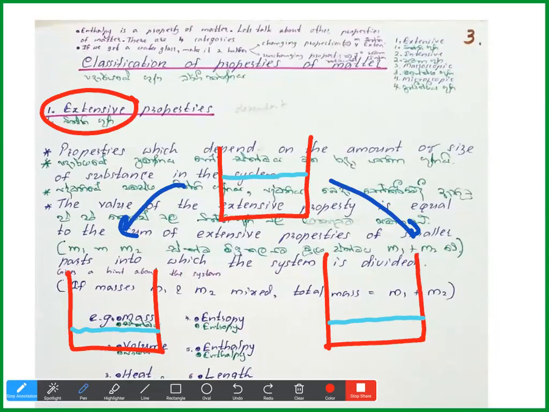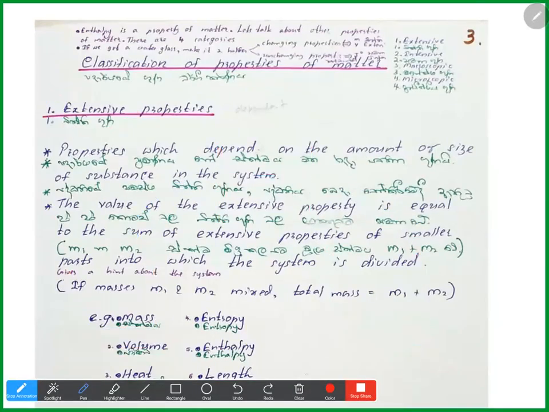Properties which are not changing are called intensive properties, for example the temperature or density of the water. So non-changing properties are intensive. If you think like that, it is very easy to understand. Extensive properties depend on the amount or size of the substance in the system.